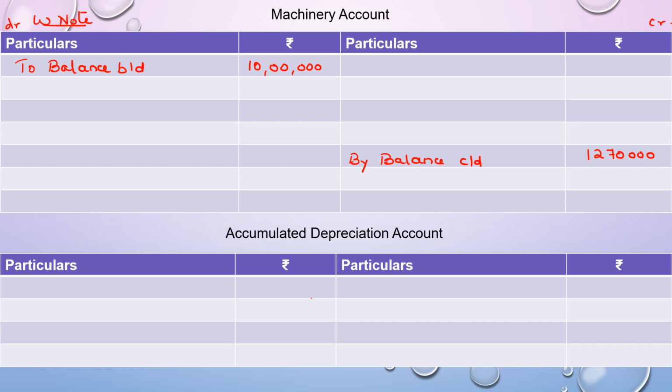Now accumulated depreciation, the opening balance is on the credit side. So on the credit side, you will write by balance brought down. The amount was 1,50,000 and you had a closing balance to balance carried down, which was 2 lakh, which is given in the notes to accounts.